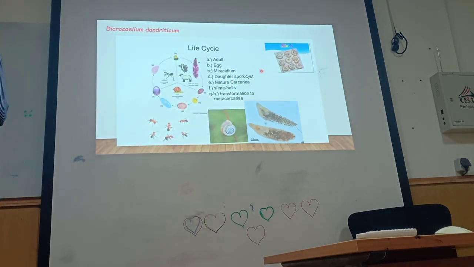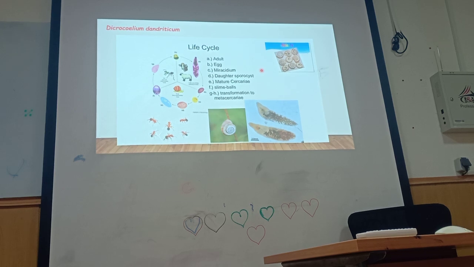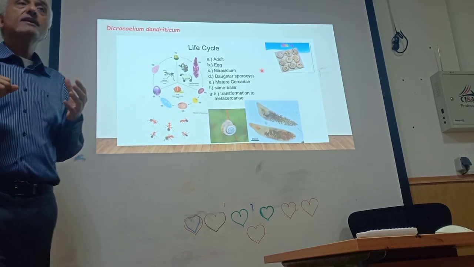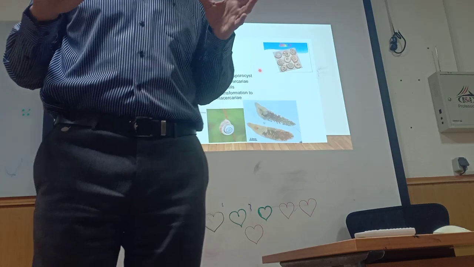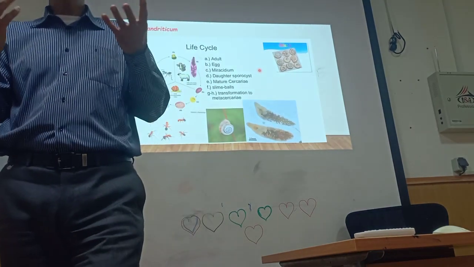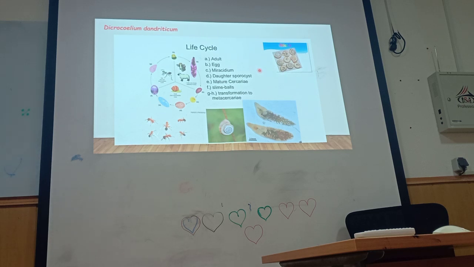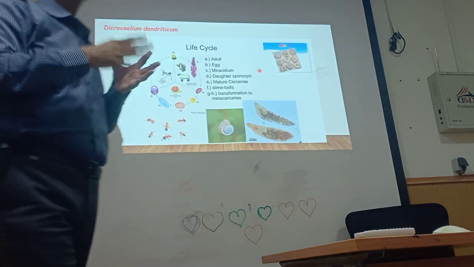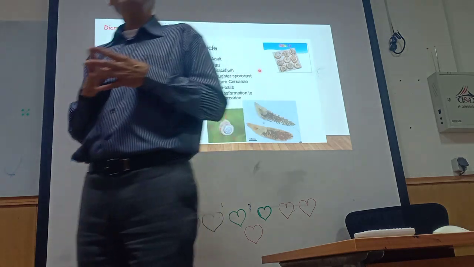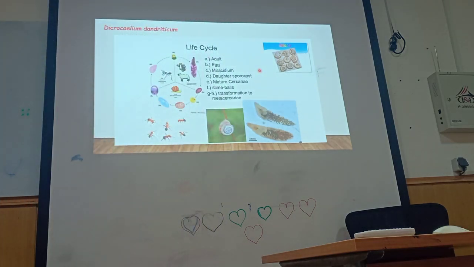And as we ingest it, in the digestive tract they hatch again, and then, not by penetrating the intestinal wall and crawling, they just go forward and find the ampulla of Vater and enter the biliary system. So this is dicrocoeliasis, and very important.